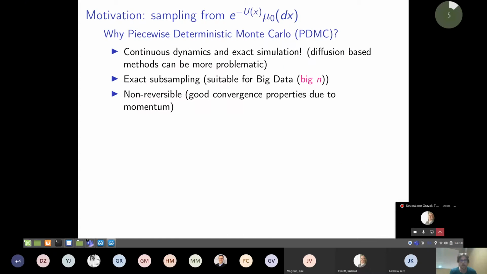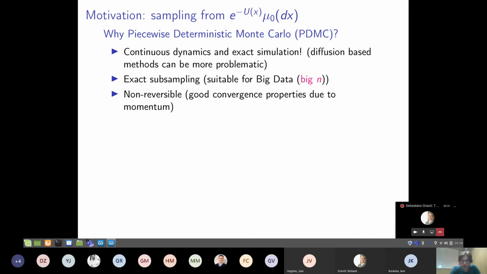So why are we interested in piecewise deterministic Monte Carlo methods? First of all, I find very elegant the aspect that this class of algorithms can be simulated exactly, and they are defined in continuous time.